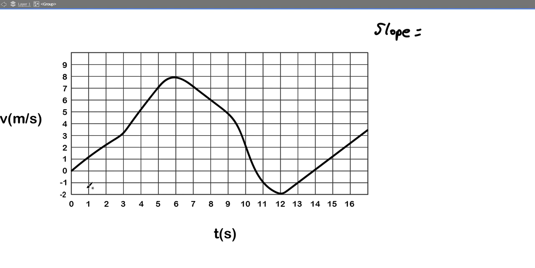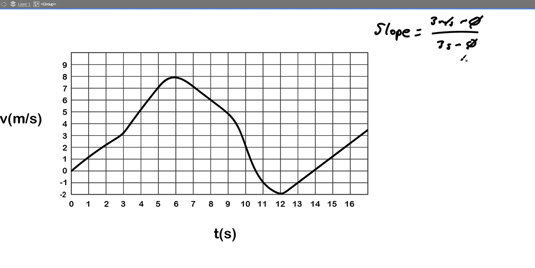Our rise, we went from 0 to 3, so we ended at 3 meters per second, and we started out at 0, over our difference in time. We ended at 3 seconds, and we started at 0.